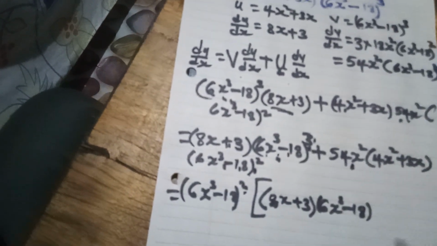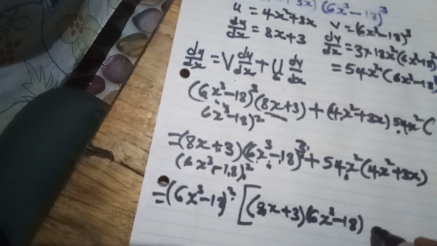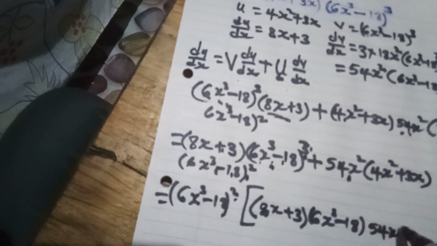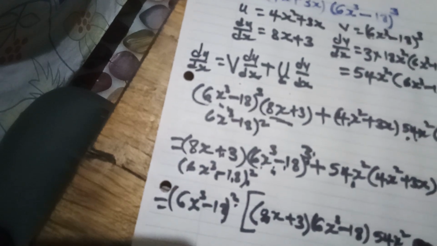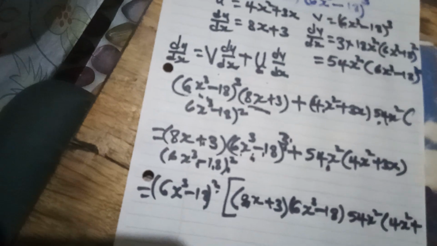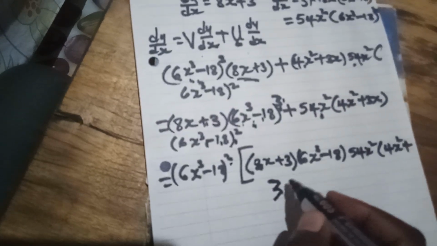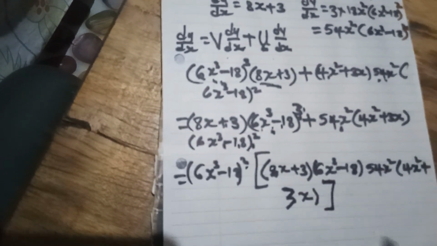So lastly, we are going to have 54x squared. Then we will have 4x squared plus 3x, then we close the bracket.